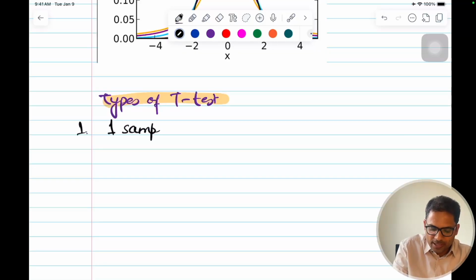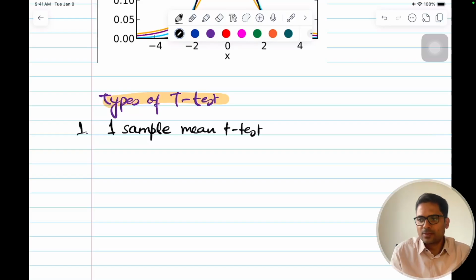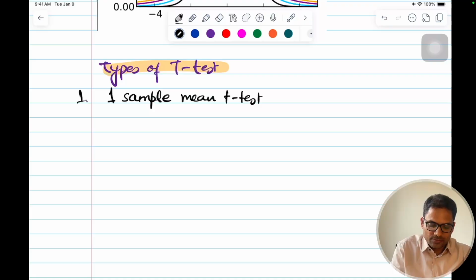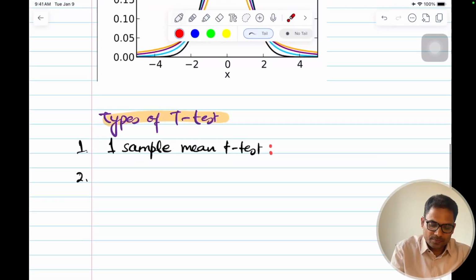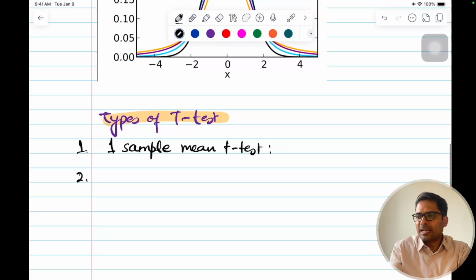Everything is to determine a mean. This is for checking whether the sample mean differs from the hypothesized population mean, or whatever value I have.